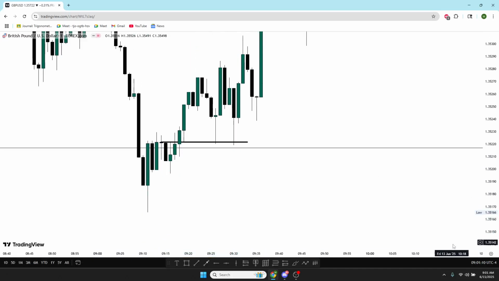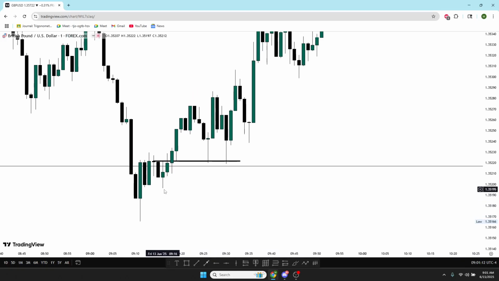You can see price traded aggressively above the sell side liquidity, retraced on a 1 minute chart down into this order block. You go long there. Where would your stop go? Easy. Your stop will go below the range low here. So you have an entry here at 9:30 a.m. You have a stop below this swing low.